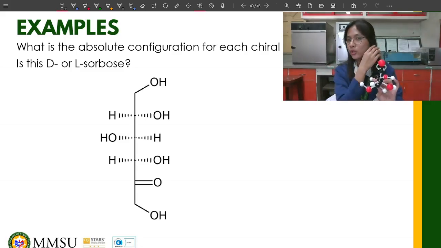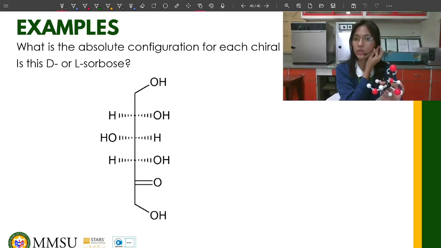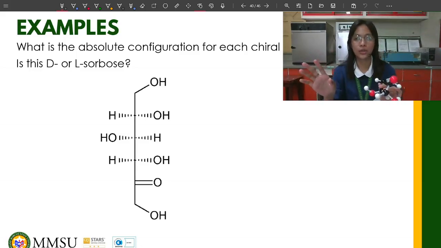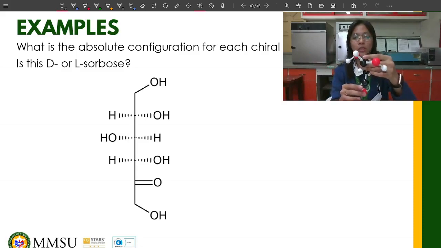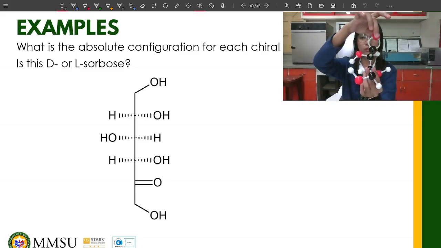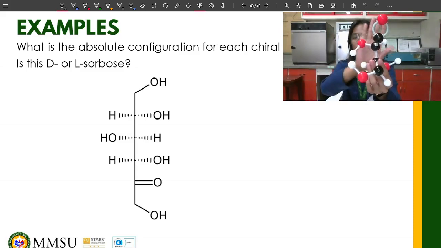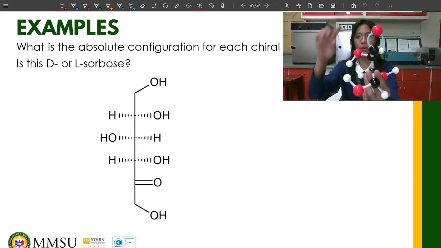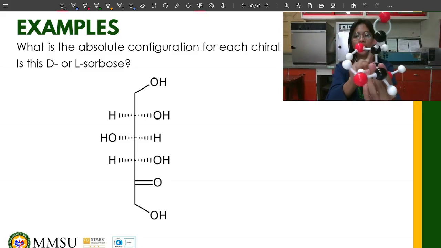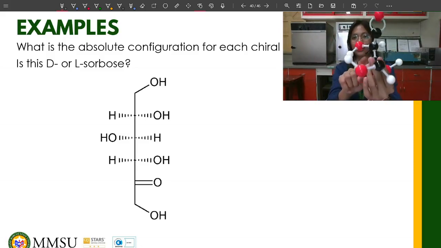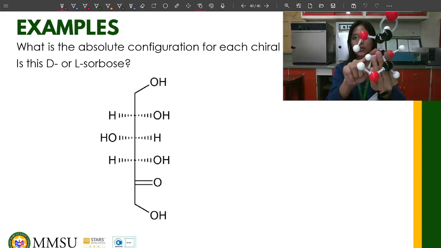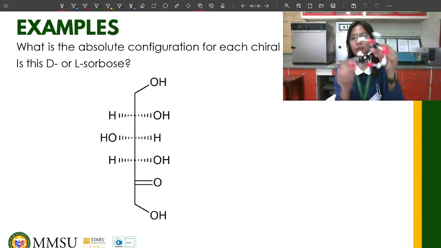But we have to also consider the second condition na dapat nakapaharap yung mga horizontal substituents mo. So, if we will try na pa ganito, although nasa taas yung C double bond O mo, yung mga horizontal mo is nasa likod pa rin. Nakikita nyo, nasa likod pa rin siya. So, hindi pwede yung rotation na ganun. So, we go back to the original.